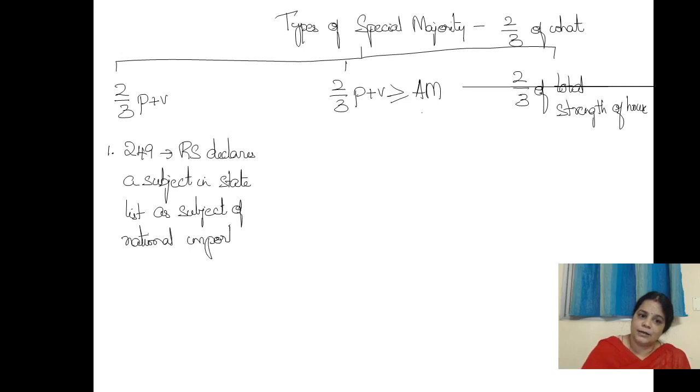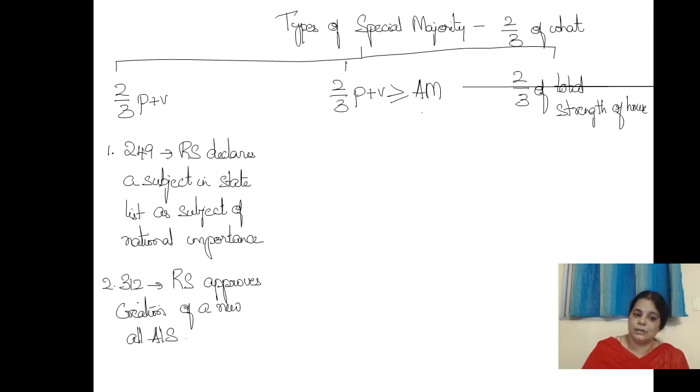This is Article 249. Then Article 312, it is a resolution to approve, where Rajya Sabha approves, in fact permits, creation of a new All India Service. This is where we use 2/3 present and voting.